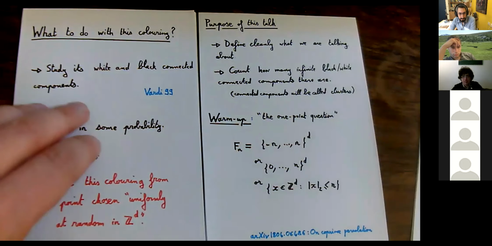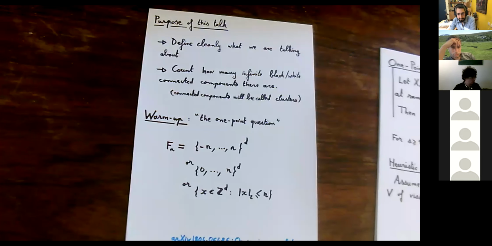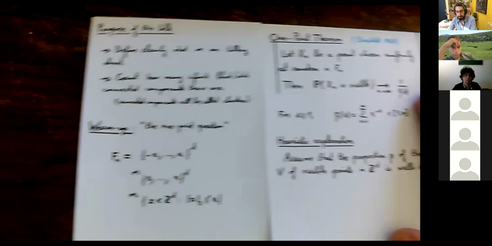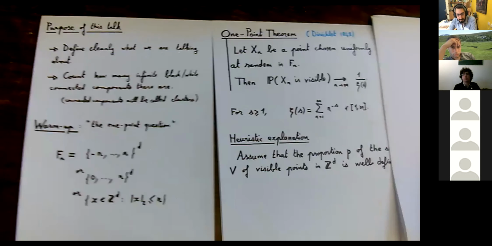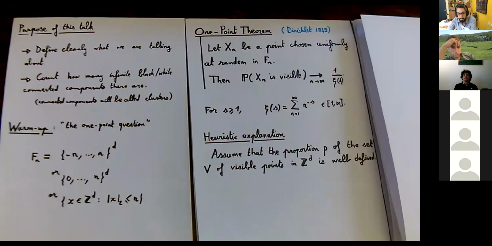Now we can state the one-point theorem. I call it the one-point theorem only in the context of this talk. It's not the canonical name at all. It's a theorem due to Dirichlet, almost two centuries ago. And it's stated as follows: let x_n be a point chosen uniformly at random in F_n.